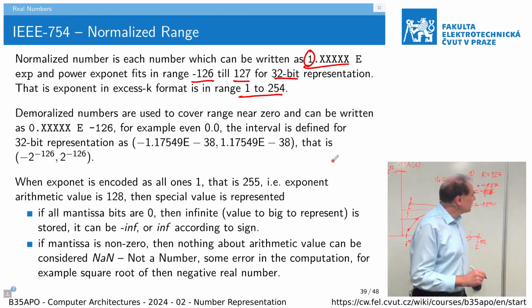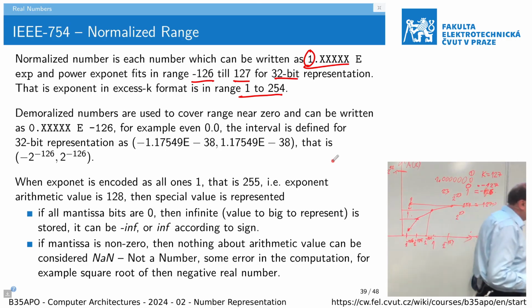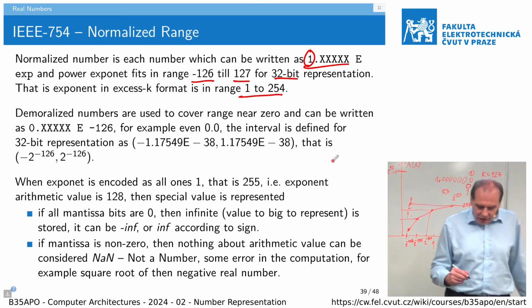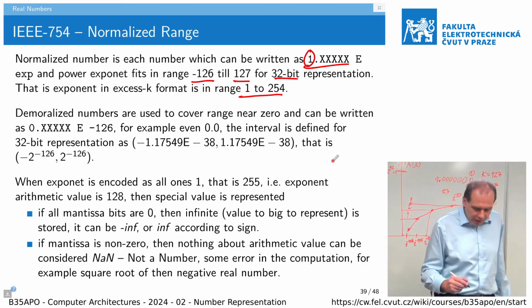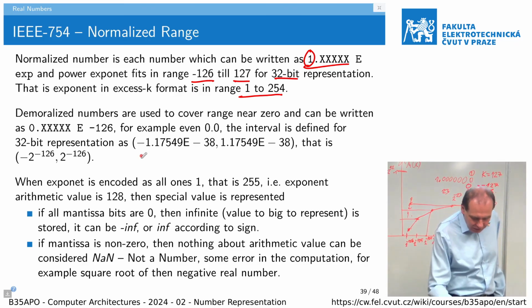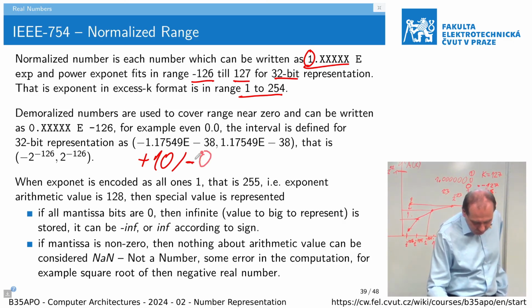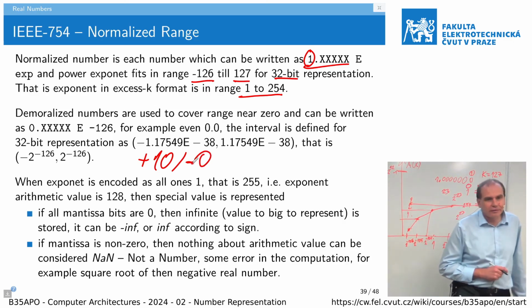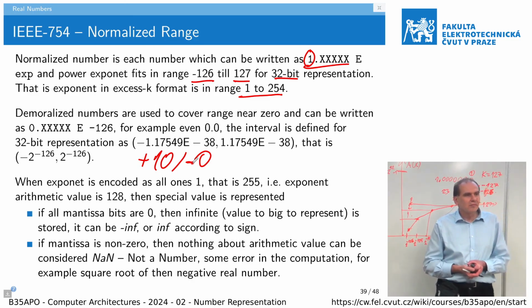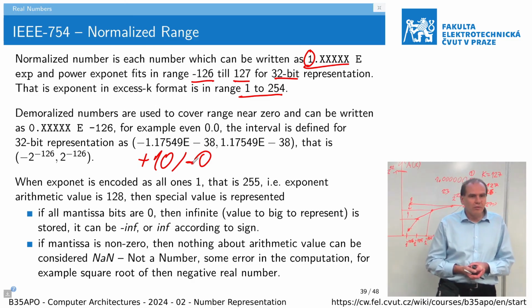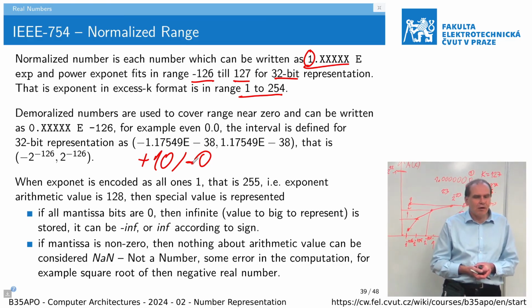And then we need some values which represent the case when we do some problematic operation. For example, if we try to divide +10 by -0, what is the result? It would overflow. Or if we divide by something very, very small, it can overflow again.